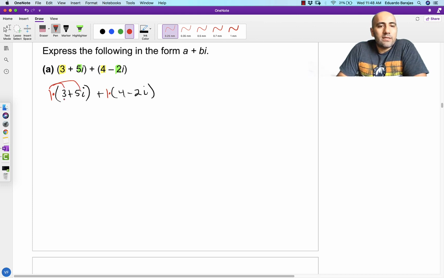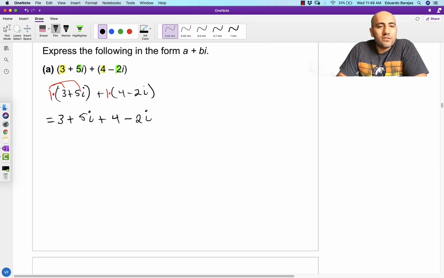So we end up with 1 times 3, well, that's just going to be 3, plus 1 times 5i, well, that's just going to be 5i, plus 1 times 4, well, that's just 4, and 1 times negative 2i, so an addition of negative 2i, or we can leave it as a subtraction of 1 times 2i, which is just going to be 2i.